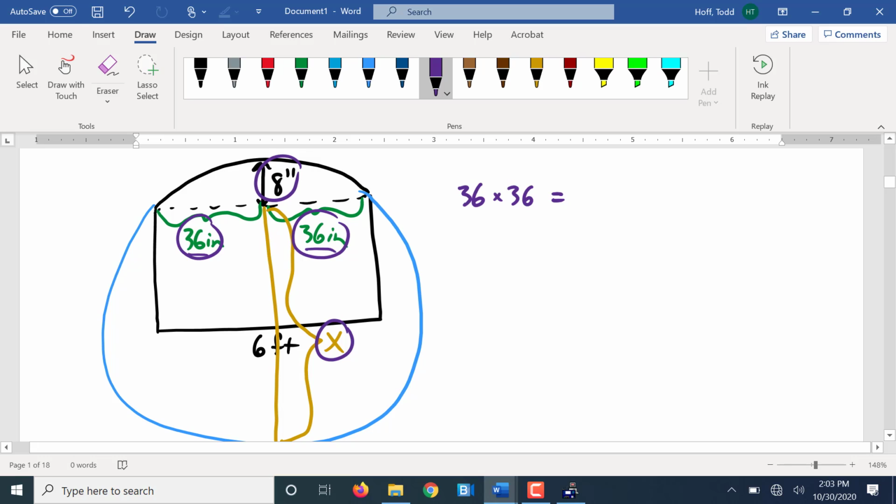Well, rather than write it out like that, we're going to do this: 36 times 36 divided by that height of 8 inches. What's that give us for x? 162. X is 162 inches.